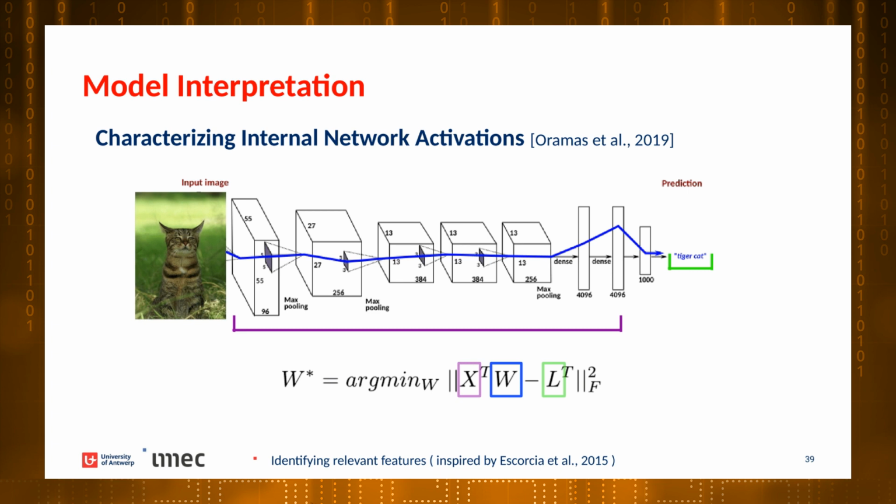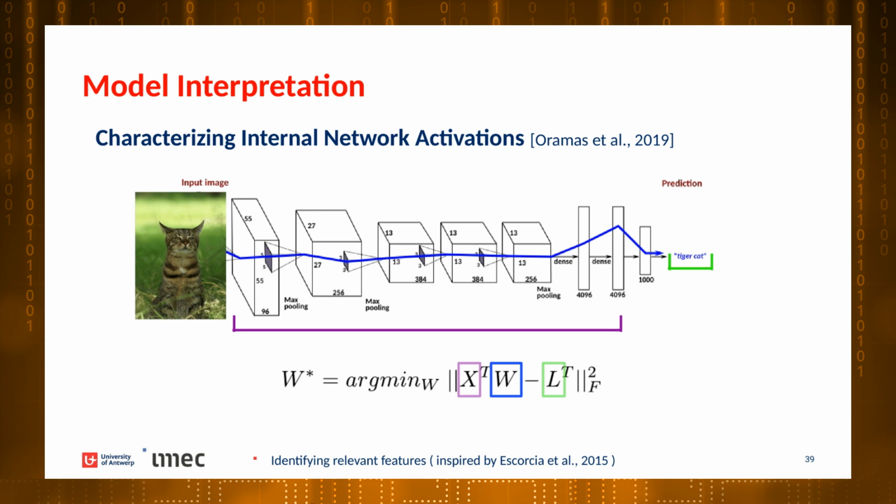However, something that is important is that because these models are so dense and so deep, this flow of activations, this vector X, can be in the orders of hundreds of thousands of dimensions or even millions. Yeah, and that's quite a large vector, especially if we want to make visualizations of each of those features for the person trying to interpret the model.